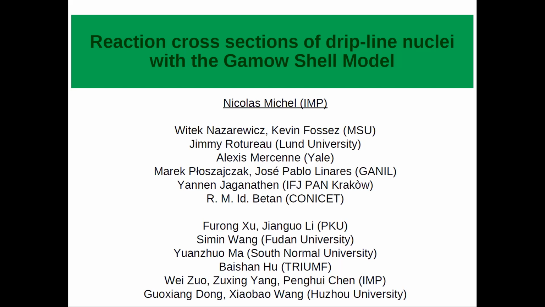Then it has been used for reactions. I will present results related to reactions and also to halo and unbound nuclei, how we can use the Gamow Shell model for both structure and reaction applications.